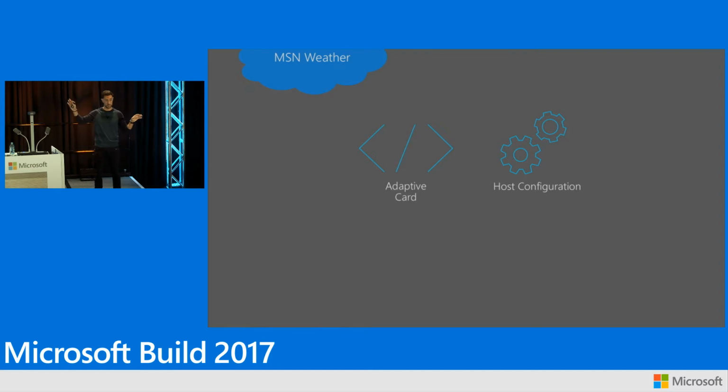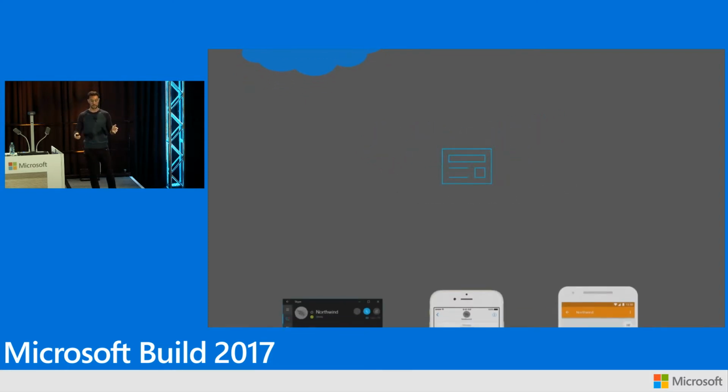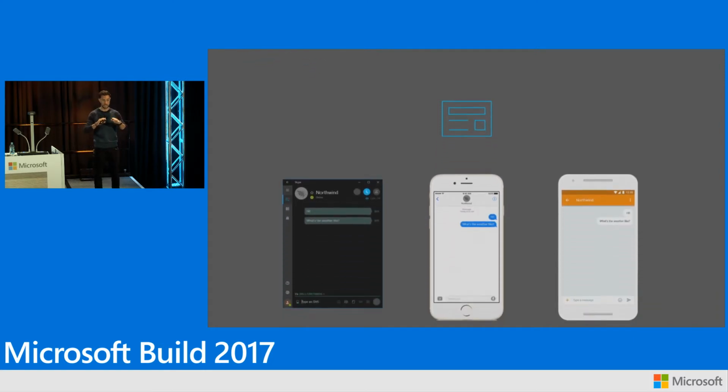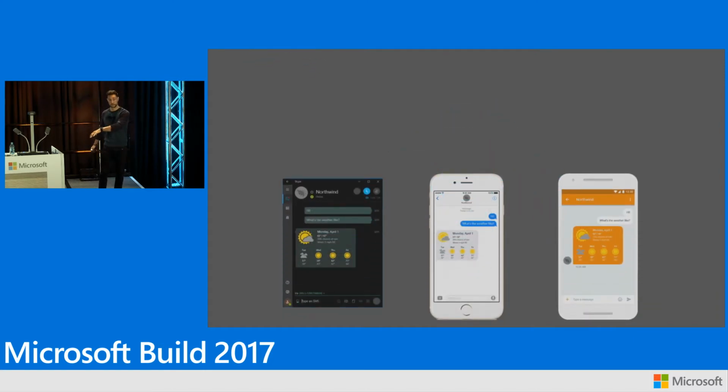So with a shared host configuration and a shared developer payload, we then create native UI on every platform using our renderers on each one. So with those 2 pieces, you can get really close to lighting up adaptive cards wherever you are. Just like we want to make it super easy for the card authors to share their content, we want to make it incredibly easy for the host experience owners to open themselves up to this rich ecosystem of adaptive card content.